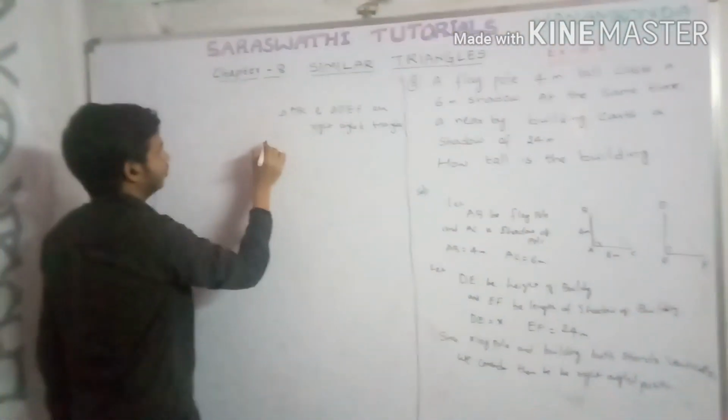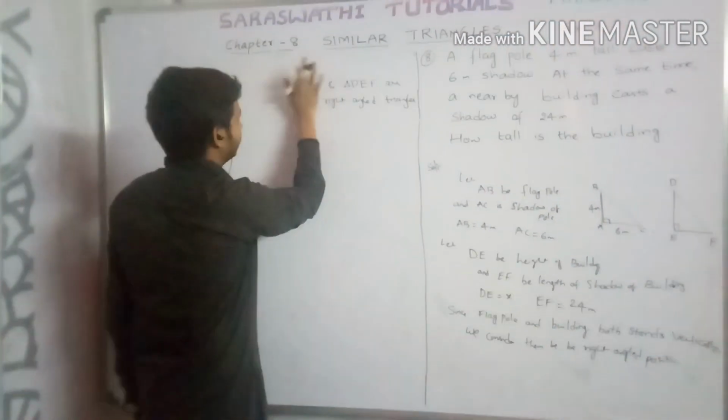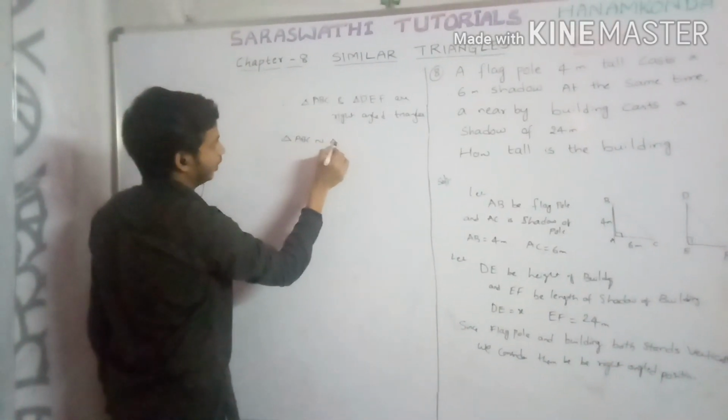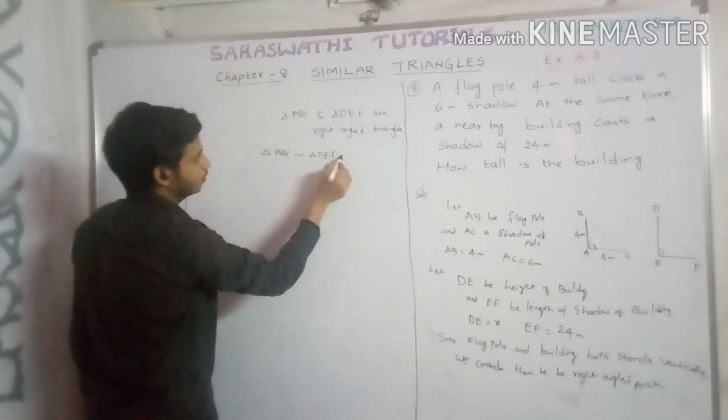Any two such right angled triangles are similar, so triangle ABC is similar to triangle DEF.